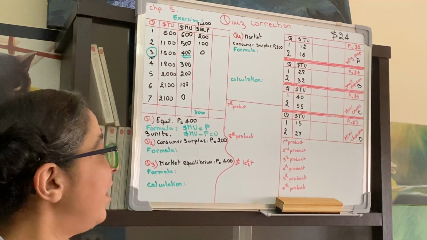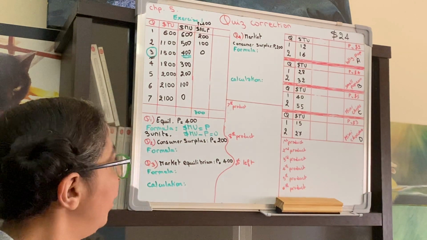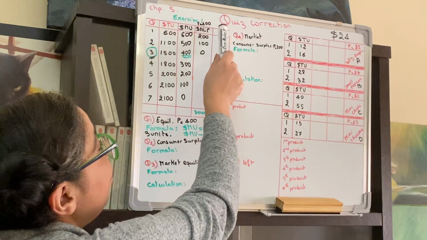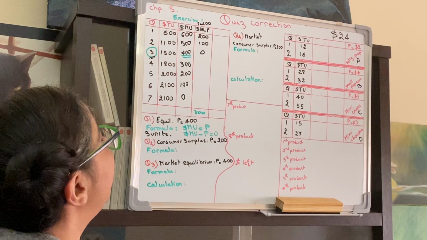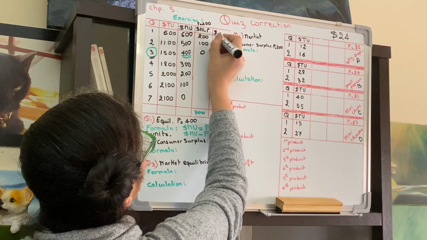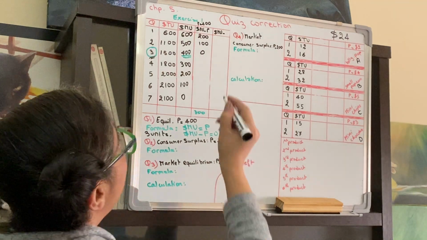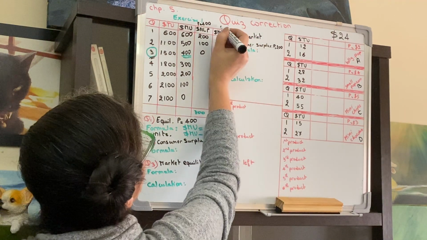Now here they're asking me to calculate the consumer surplus at price 200. Okay, so I do have to calculate the dollar marginal utility minus price, and here the price is 200. So dollar marginal utility, it's how much you valued each unit minus the price, which is the price of each unit.